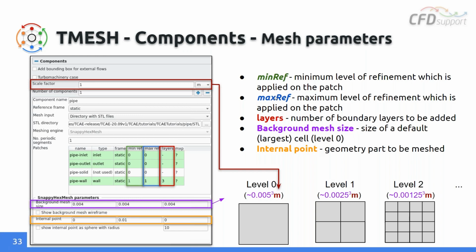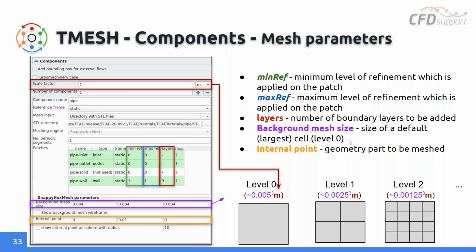And we have the minimum and maximum level of refinement. The maximum is applied on the highly curved areas with high curvature, and the minimum is applied on the flat parts of each part of the geometry.